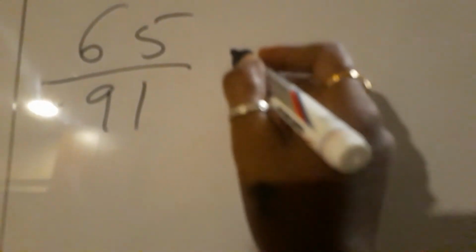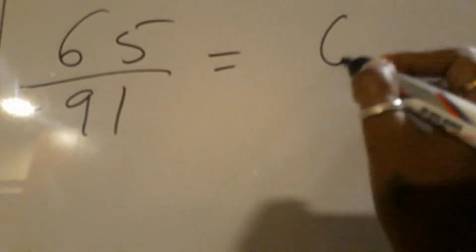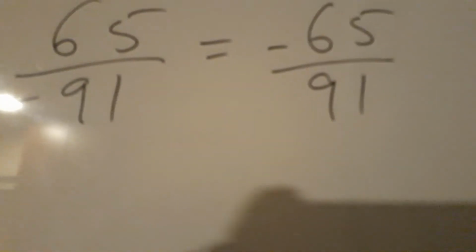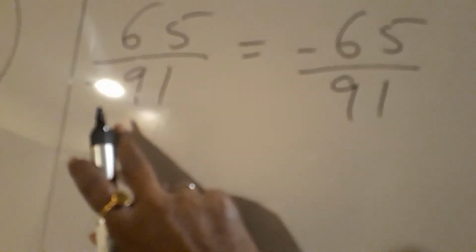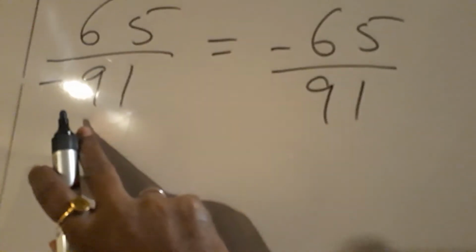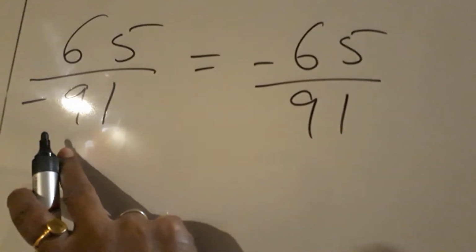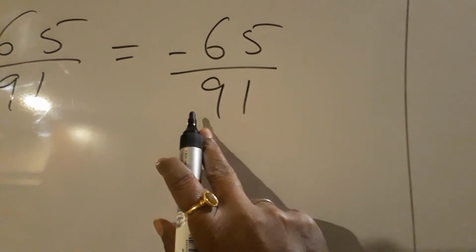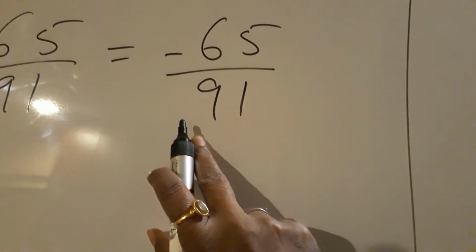So we write it in this form, 65 upon minus 91. Immediately minus 65 upon 91. Remember the rules. We cannot keep any integer with the denominator in the negative sign. Because this is going to give us a negative sign in the numerator in the answer.